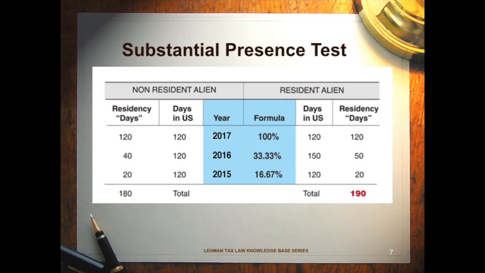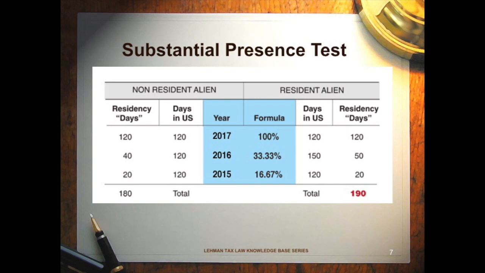However, for purposes of our formula, this counts only as 1/6 of a day. So what you'll see on the left-hand side is that in the year 2017, when you add up all of the days counted as residency days on the far left-hand side, it's only 180 days here.